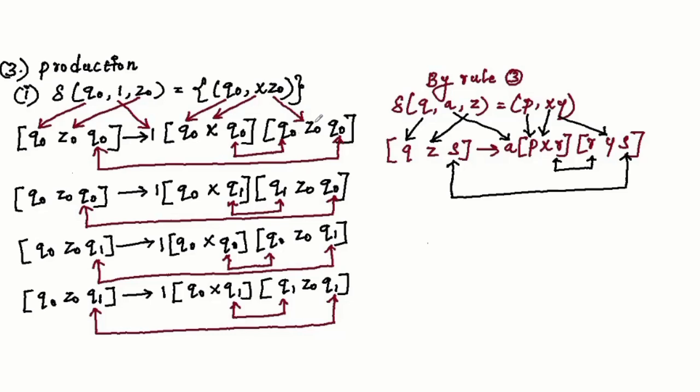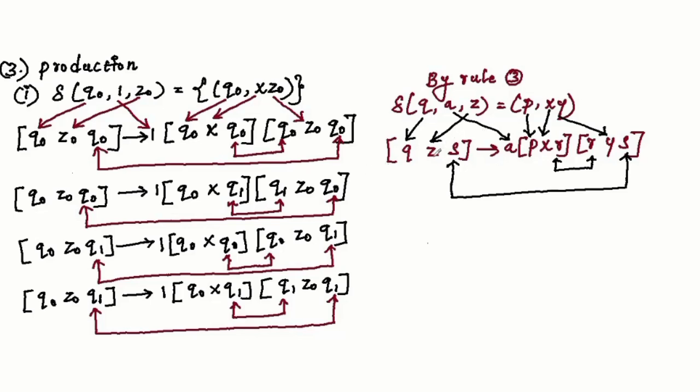Whatever symbols you have written in the first line as per the procedure, make sure to use the same symbols consistently in the remaining 3 lines as well. So Q0 Z0, here Q0 X Z0, next Q0 Z0, Q0 X Z0, last Q0 Z0, Q0 X Z0.